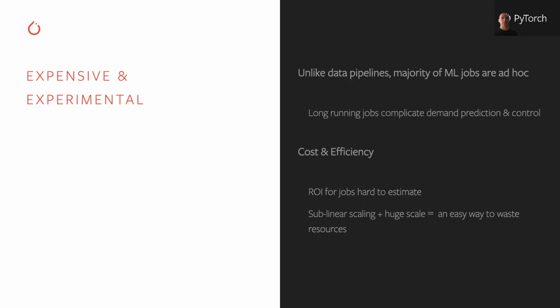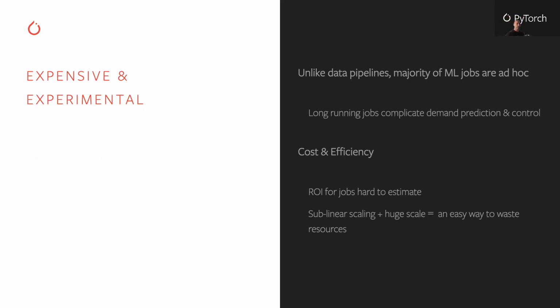How do you justify the ROI for spinning up maybe 1,000 GPUs and occupying that compute for some period of time, when maybe you may not actually get a model that is high quality enough out of that training job. So ROI ends up being very difficult.